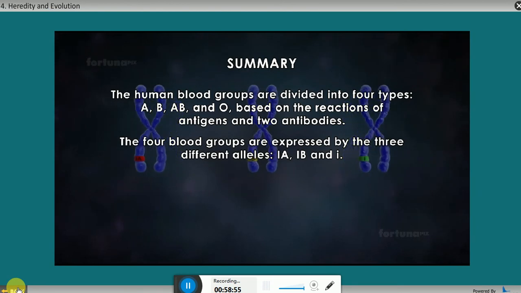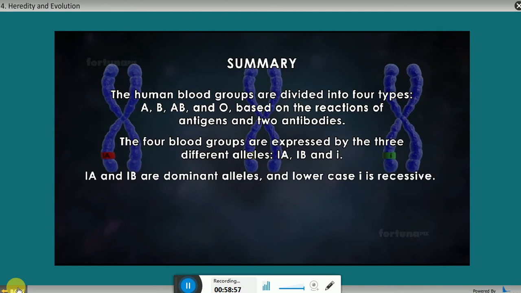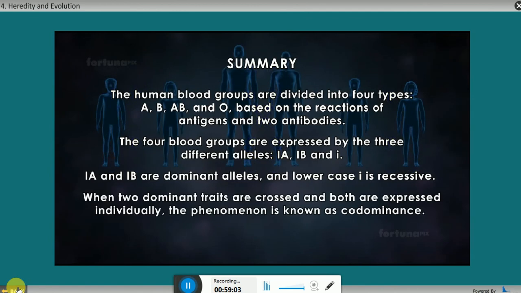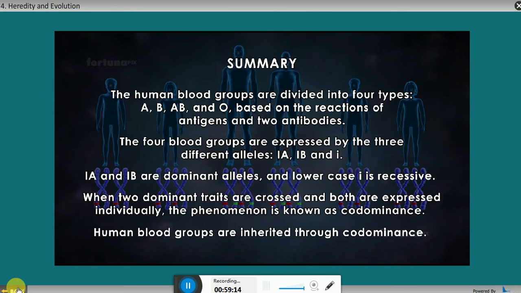IA and IB are dominant alleles, and lowercase i is recessive. When 2 dominant traits are crossed and both are expressed individually, the phenomenon is known as codominance. Human blood groups are inherited through codominance.